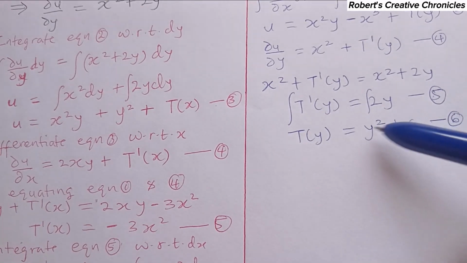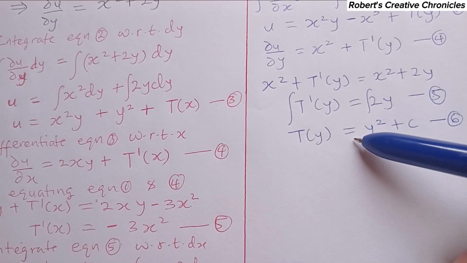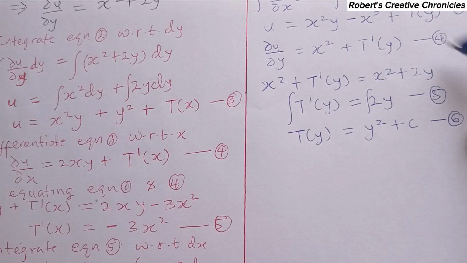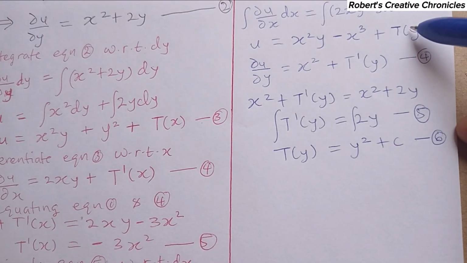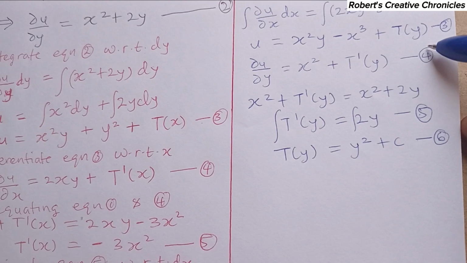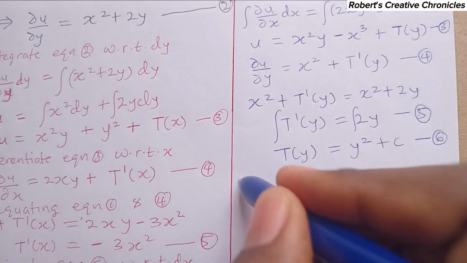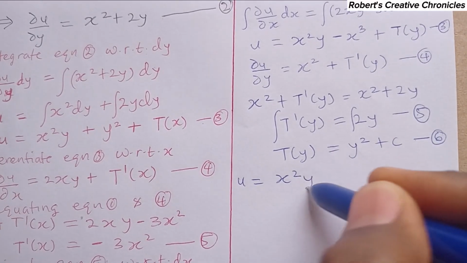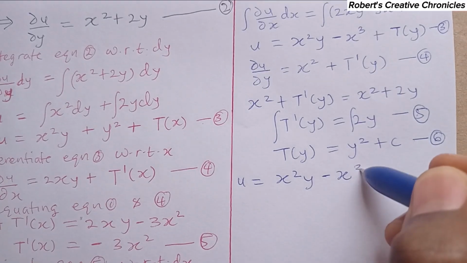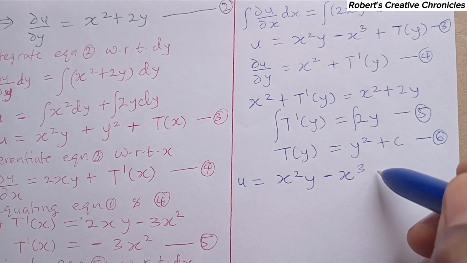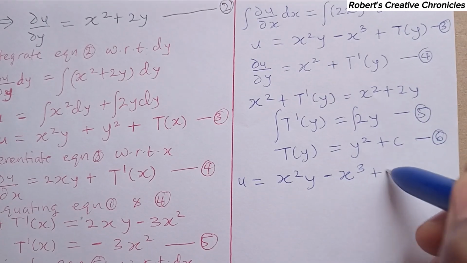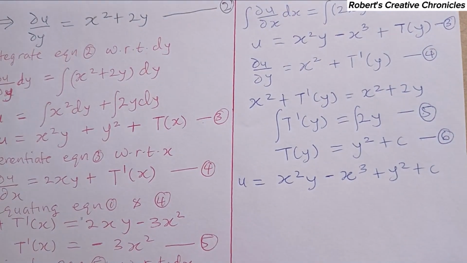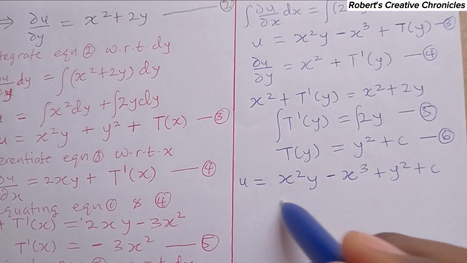Now we can substitute equation 6 into equation 3 to replace t of y. So now u becomes x squared y minus x cubed plus y squared plus c. Now, this is the final answer for this one.